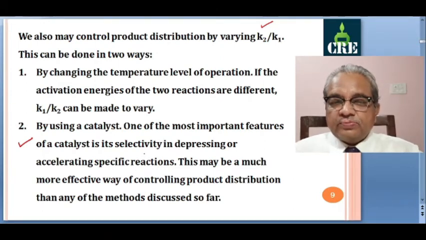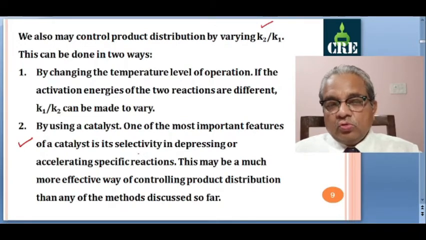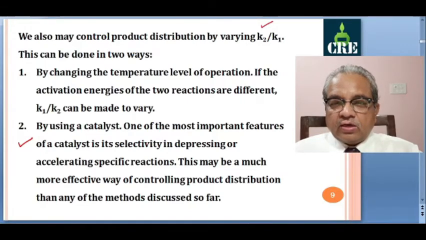So using a catalyst is the easiest and best way. Catalysts, catalytic reaction engineering, and catalytic reactors are most important topics, and mostly catalytic reactions are conducted in industrial operation. As far as possible, it is preferred.